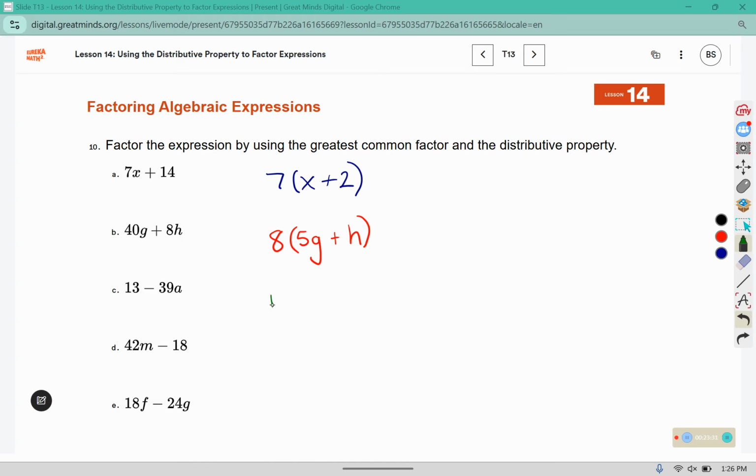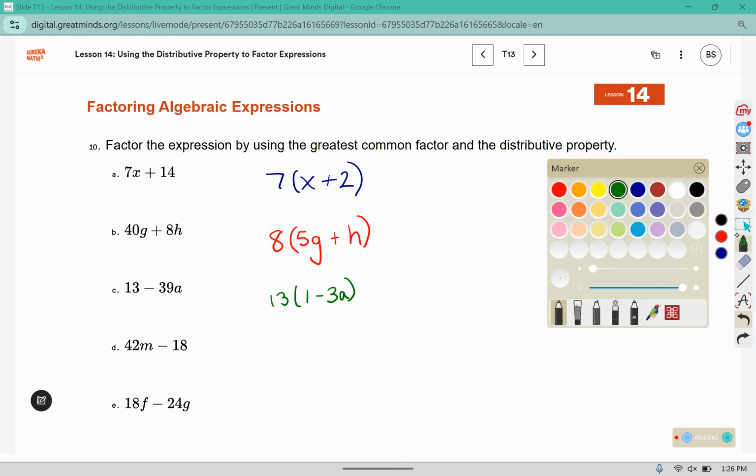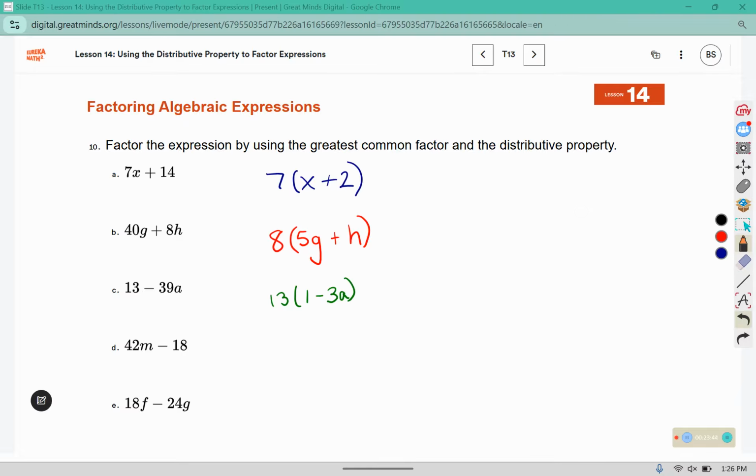13 can go into 13 and 39. 13 times 1 is 13. And 13 times 3 is 39, so we need 3a. Let's see about 42. That is 6 times 7. 6 can be broken down into 3 times 2. 18 can be broken down into 2 times 9.